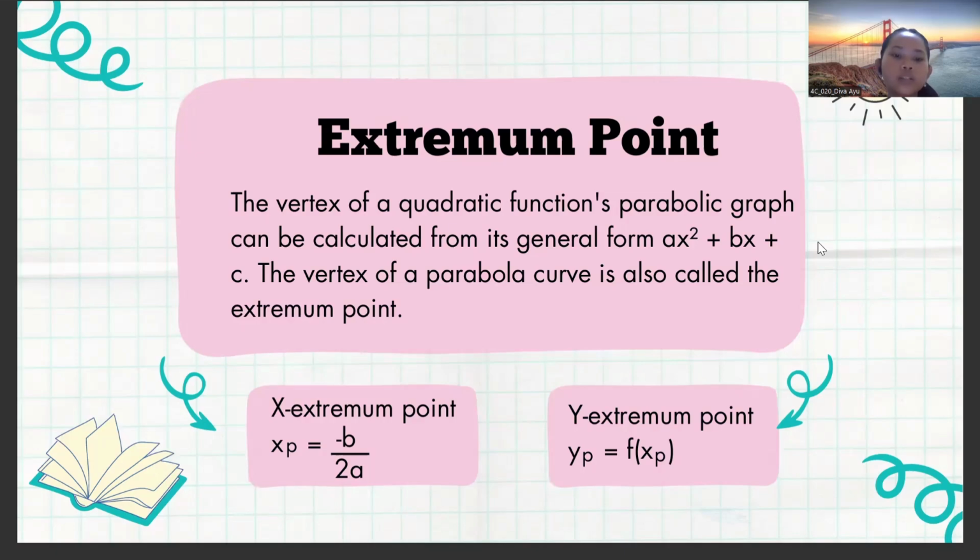To determine the x coordinate of the vertex, we use the formula x equals negative b divided by 2a. After finding the x coordinate, we substitute into the quadratic function to calculate the y coordinate. Together, these coordinates give us the vertex of the parabola.